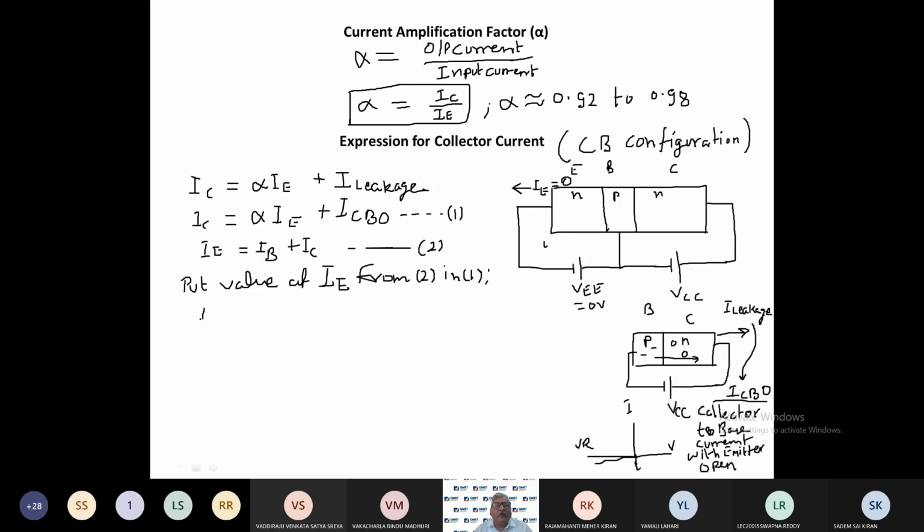So what will we get? We will get IC is equal to alpha (IB plus IC) plus ICBO.